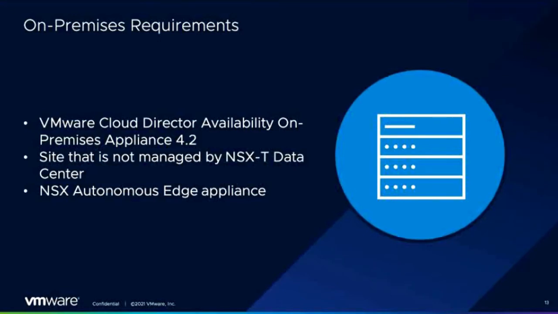So this is for sites that are not managed, and there should be an NSX Autonomous Edge appliance deployed there, with a simplified setup, as most of the configuration is automated through the Cloud Director Availability UI. And one important note here is that the NSX Autonomous Edge doesn't require an NSX license, so it won't add any additional cost to the tenant data center, which might be some of the tenants' concerns. So it doesn't cost anything additionally.